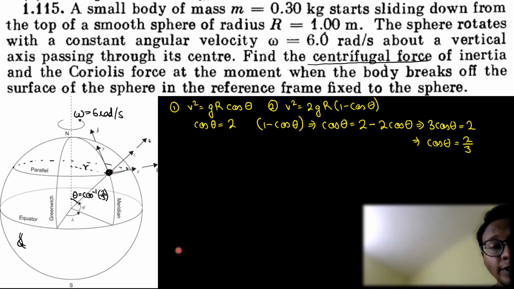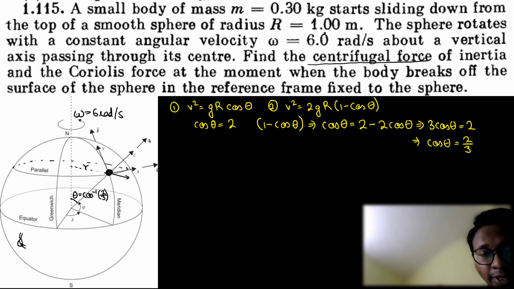However, Coriolis force has to do with the velocity of the particle as seen by the frame of reference of the sphere. Centrifugal force has nothing to do with that, and it would be directly opposite to this line r.